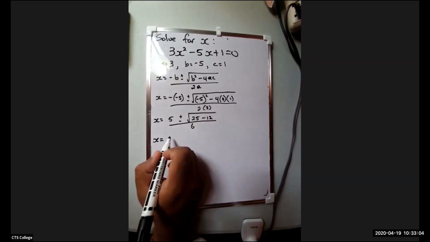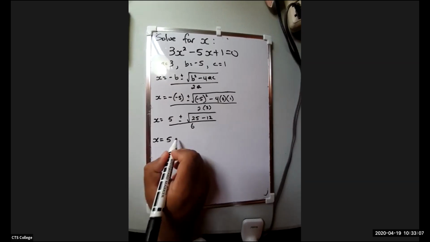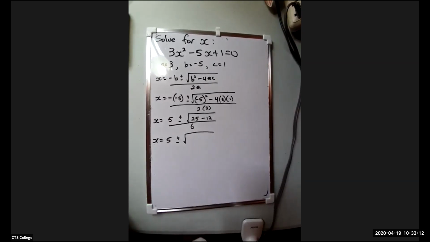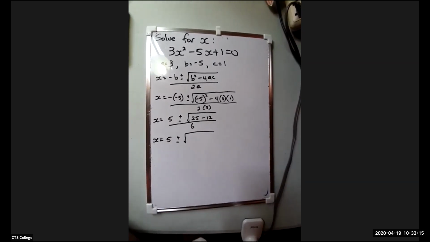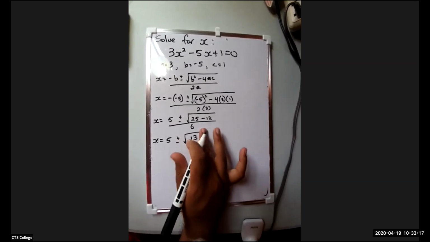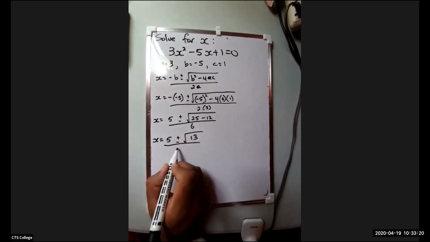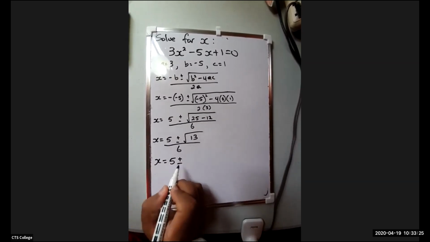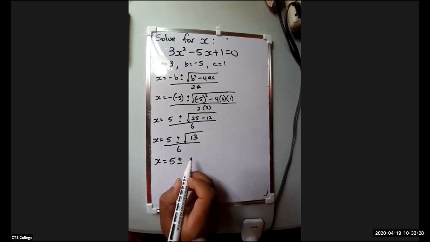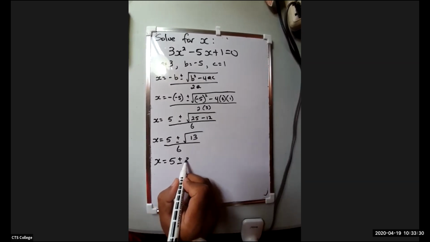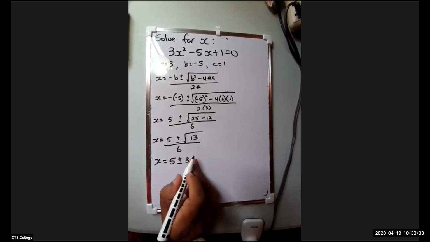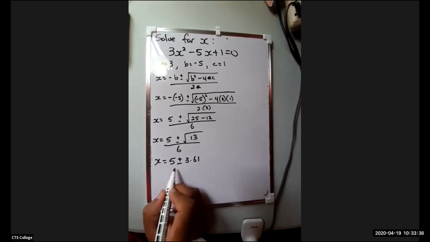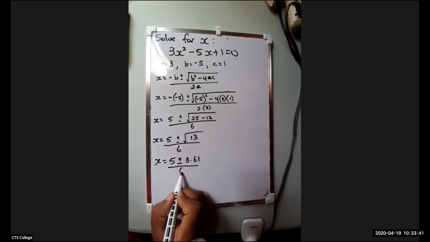x is equal to 5 plus or minus the square root of 25 take away 12, all over 6. So x is equal to 5 plus or minus the square root of 13, which is, let's say, 3.6, to 2 decimal places, all over 6.